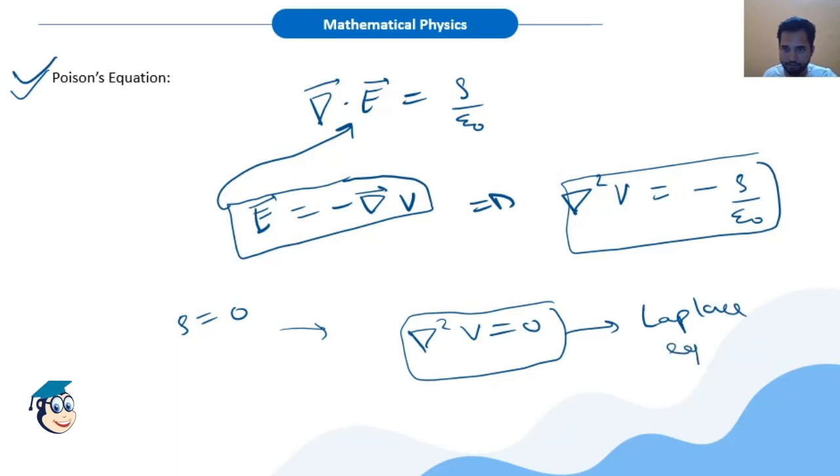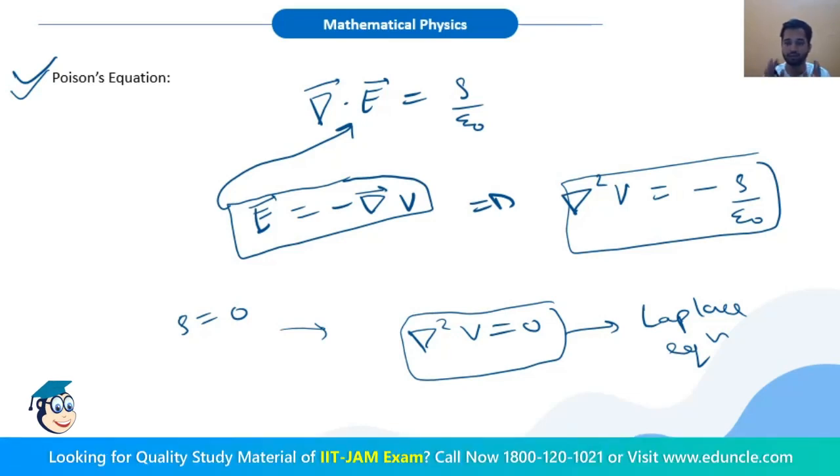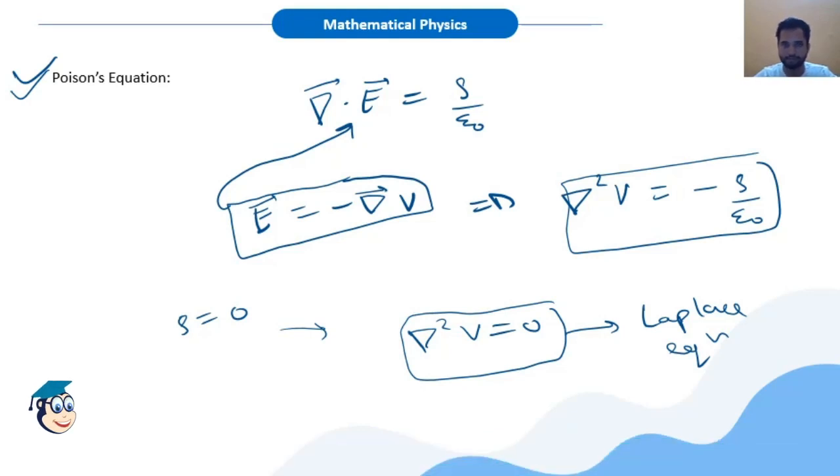Laplace equation is a special case of Poisson's equation, and you can get questions in which you will be given some potential, and you are asked to calculate the rho, the volume charge density in that region. So you have to calculate the Laplacian del square of that potential and multiply it with minus epsilon naught. You will get the rho.